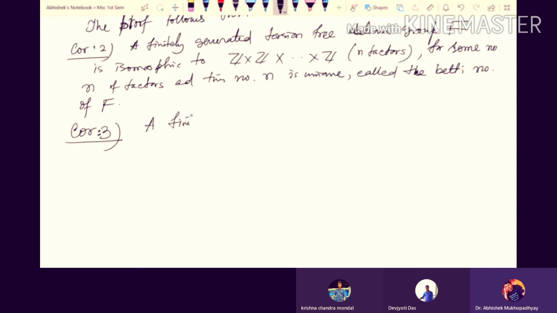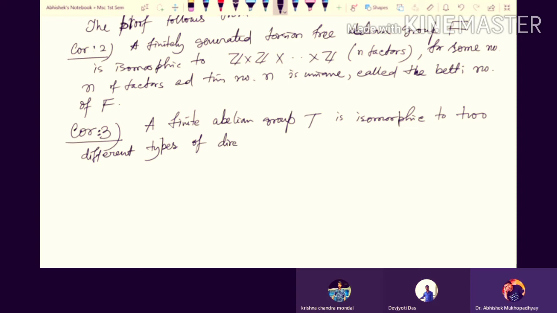That is, a finite abelian group T is isomorphic to a direct product of cyclic groups, of two different types, as follows.